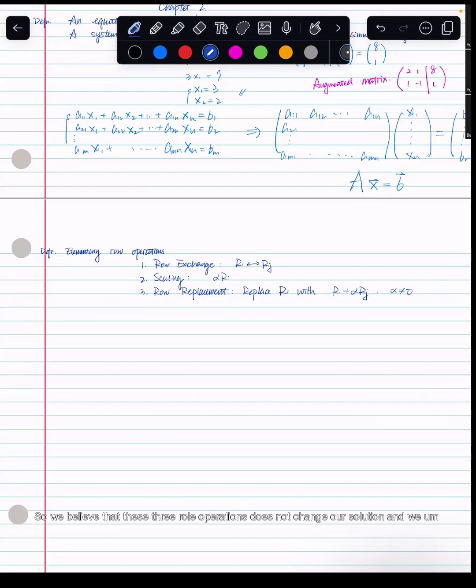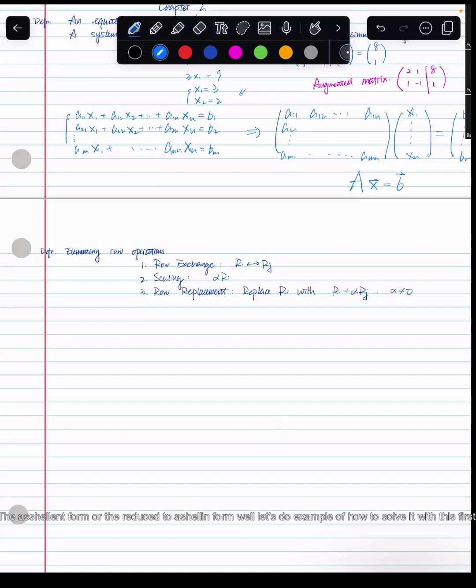Basically, to solve the linear system, we want to use these row operations to bring the augmented matrix to a form called the echelon form or the reduced row echelon form.